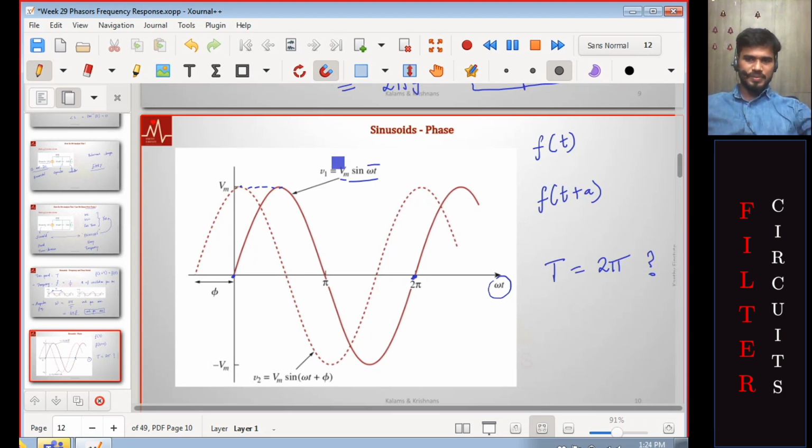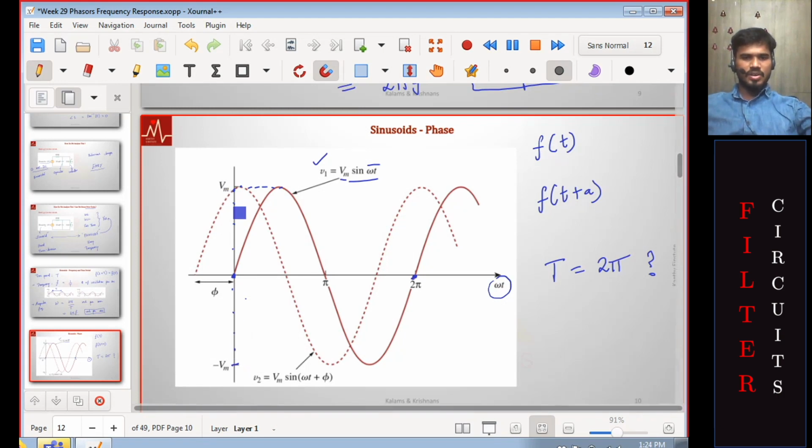That's our first function. We are not going to deal with sinusoids that always start at 0. We are going to deal with sinusoids that start at some non-zero value, negative or positive. It can start anywhere, here, between the two peaks.